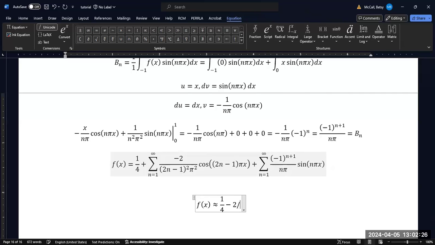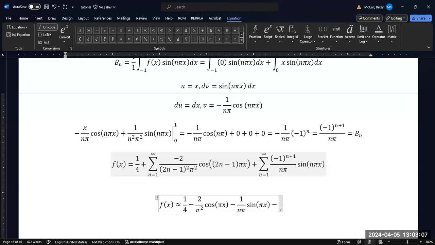So it's going to be -2 over pi squared cosine of pi x. And then when n is 1 in the other one, we're going to get also a negative, and then 1 over n pi sine pi x.